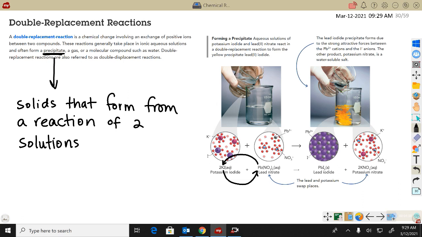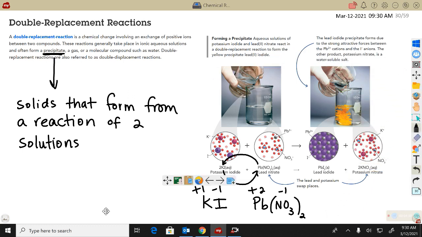So for example, when potassium is with iodine, it's a +1 -1. When lead is with nitrate, nitrate is -1. Since there's two of them, the lead must have been a +2.